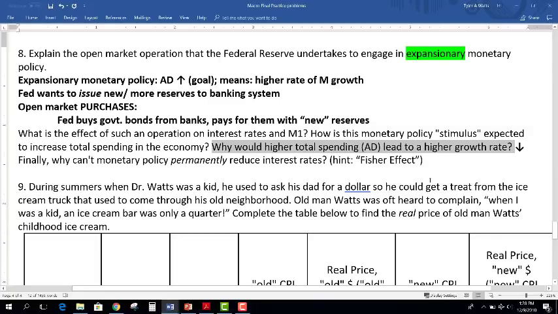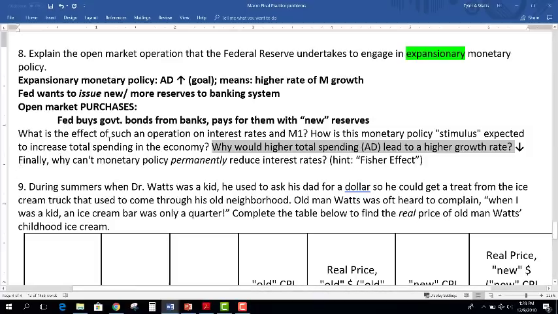Because when you increase total spending, certain prices are going to rise immediately, like consumer prices, and other prices are going to lag behind that, like wages, right? So in the short run, an increase in spending and aggregate demand will cause an expansion of economic activity. Now, in the long run, wages will rise too, and costs will catch up to product prices, and that stimulative effect can go away.